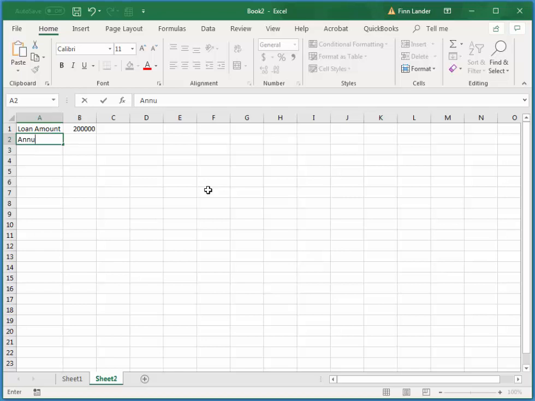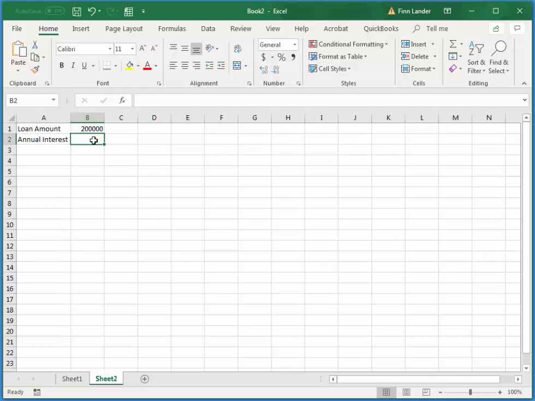So annual interest. If we're making monthly payments, we have to divide that by 12 to find our monthly interest. So annual interest, I'll say 3%, and I'll say we're going to pay this thing off in 5 years.